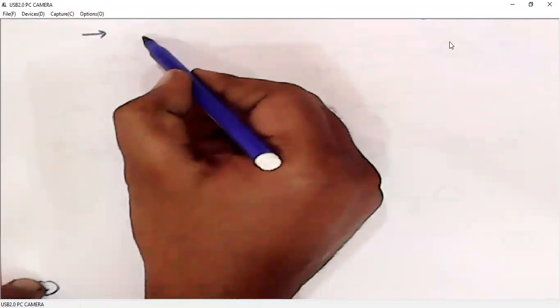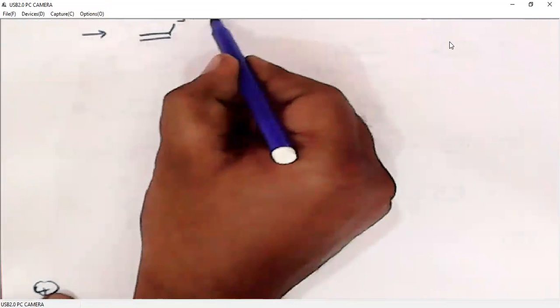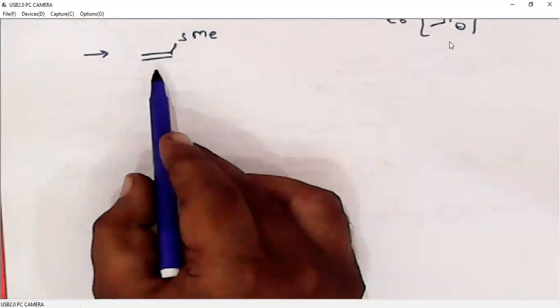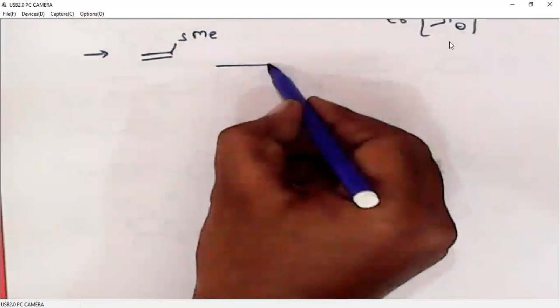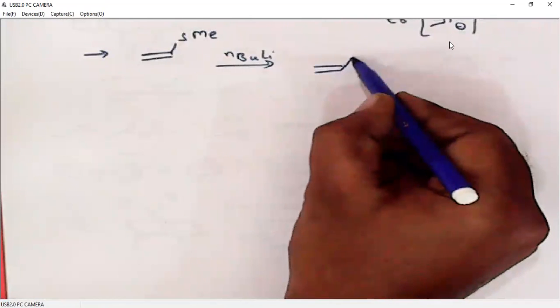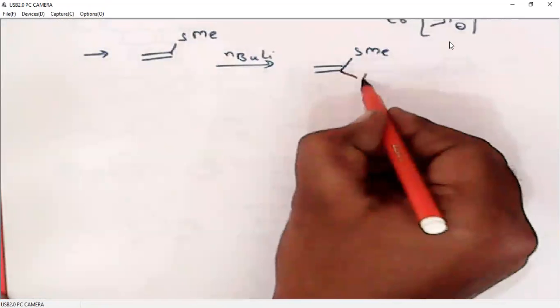Not only vinyl alkyl ethers, we can also use sulfur compounds. We can also use these sulfur compounds when treated with alkyl lithium reagents. Again, it generates lithiation here.